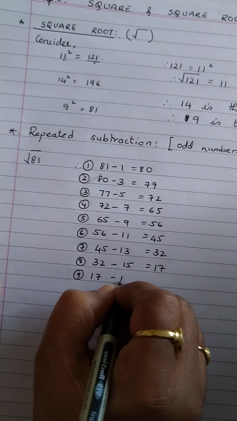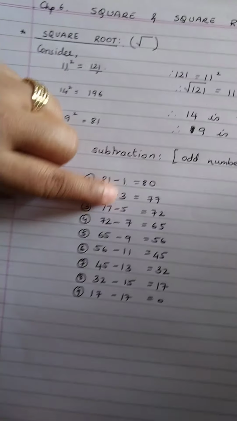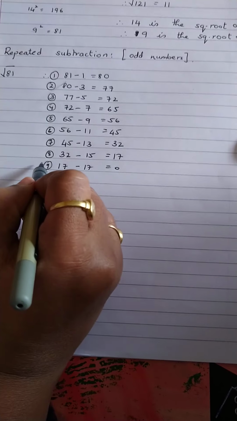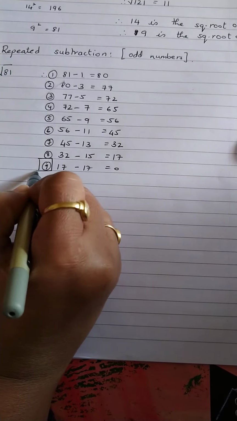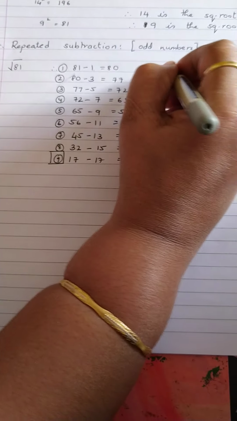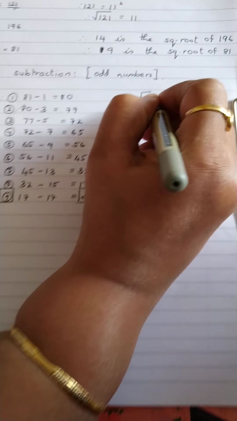And 17 minus 17 is 0. See 1, 3, 5, 7, 9, 11, 13, 15, 17 and so on. Now, in the ninth step, we got the remainder 0. Therefore, we write that the square root of 81 is 9.